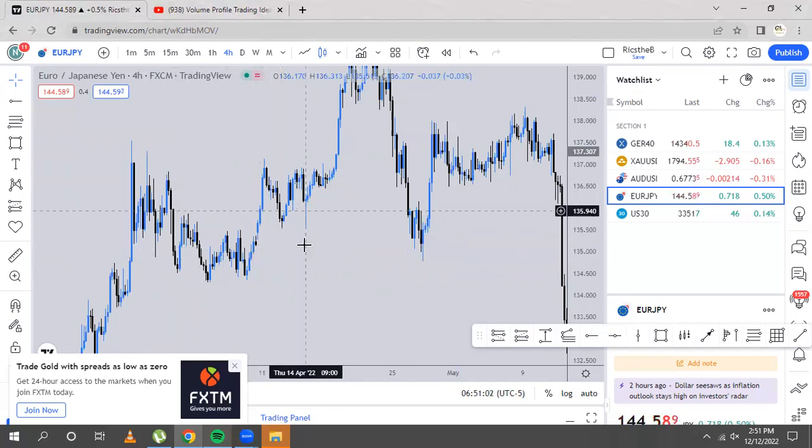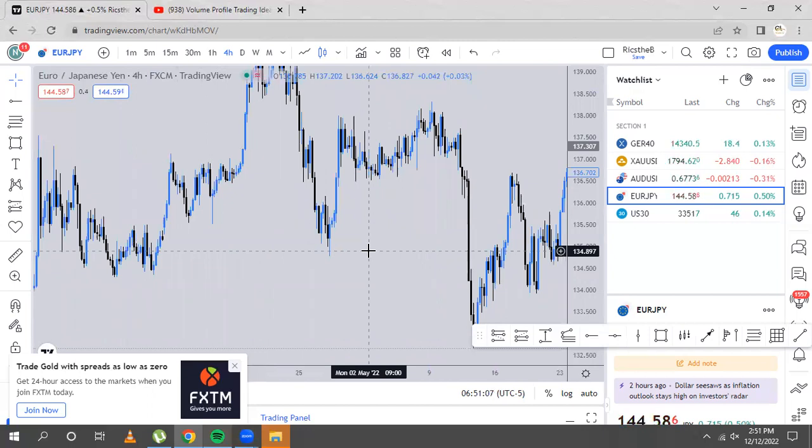We had this pause, price came back to this level, then pushed up. I bet I'll do another video on it, but again, I really don't want to go deeper into supply and demand. I just wanted to give you guys an overview of what supply and demand is and how you can identify these zones.